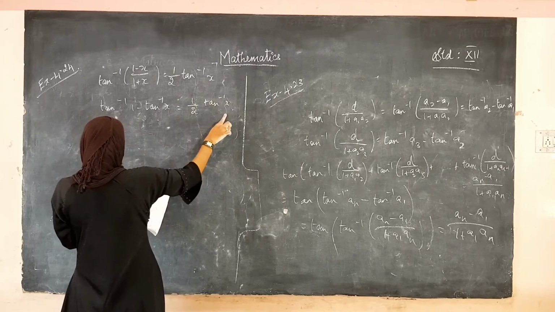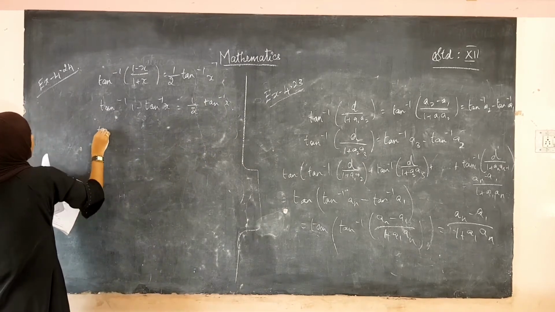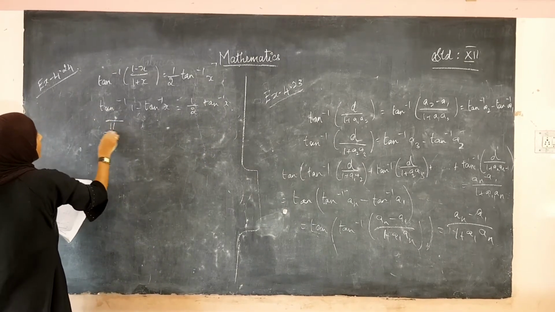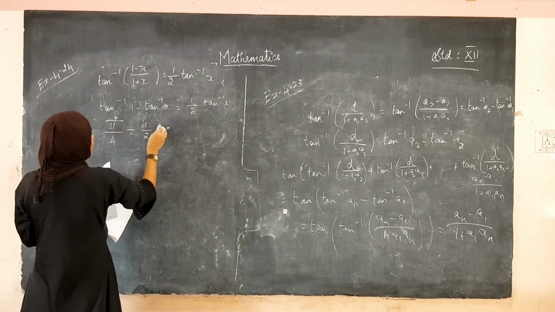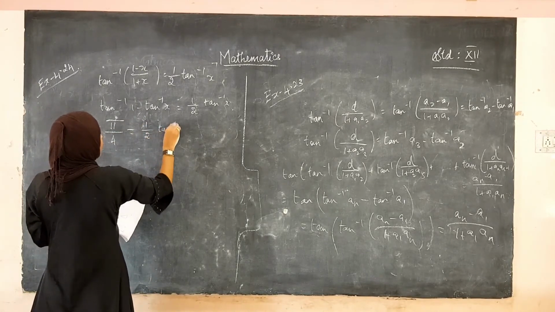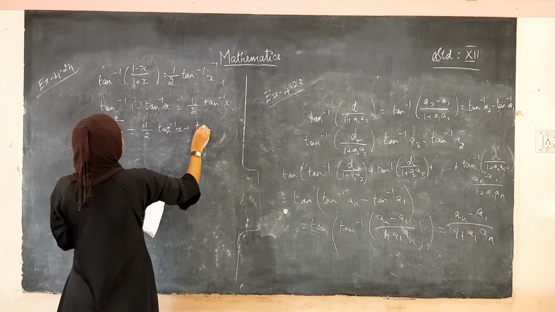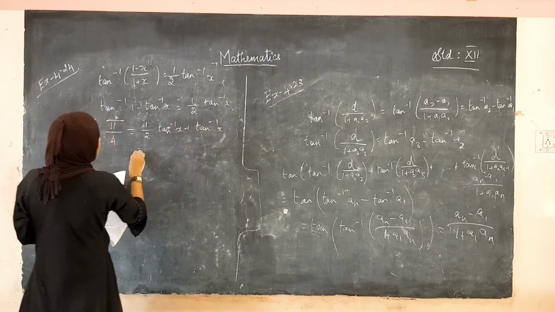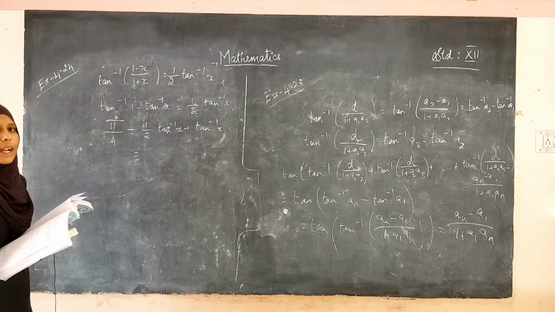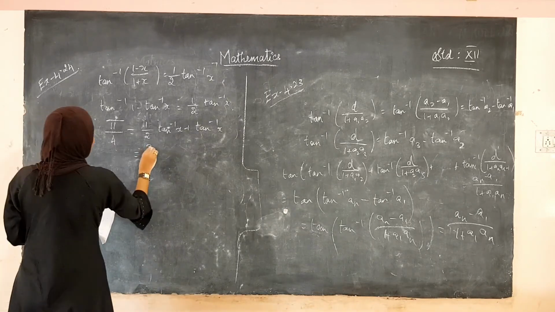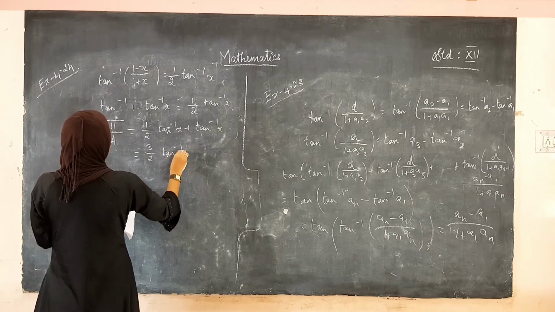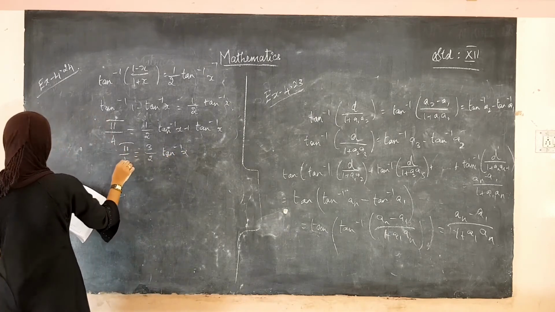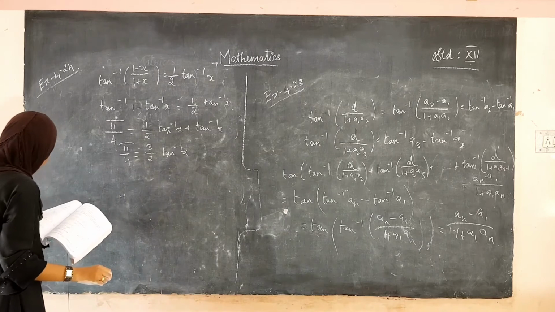Bringing this tan inverse of x to this side, what happens? Tan inverse of 1 is pi divided by 4. This is equal to 1 by 2 into tan inverse of x plus tan inverse of x, which is 1 by 2 plus 1 into tan inverse of x. So, 3 divided by 2 into tan inverse of x. So, pi by 4 is equal to 3 divided by 2 into tan inverse of x.